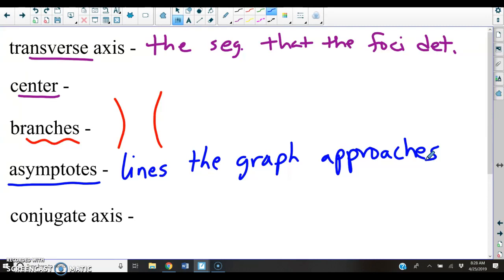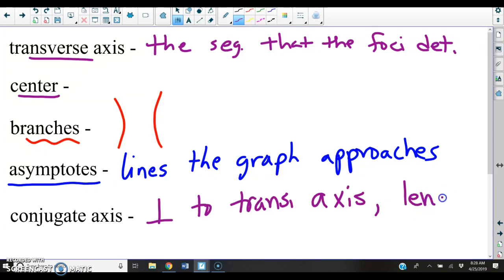And the conjugate axis is perpendicular to the transverse axis. And its length is, I'll get that right, the length of the rectangle.